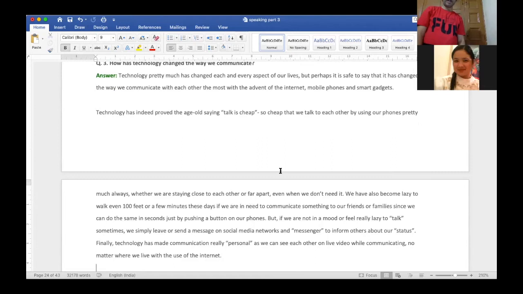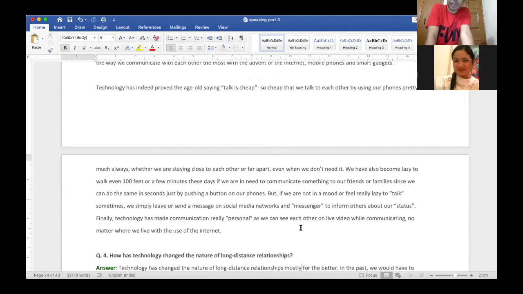We don't have the energy or don't want to walk even 100 feet these days if we need to communicate something to our friends, since we can do the same thing in seconds just by pushing a button on our phone. And if we are not in a mood to talk, we can send a message across different media networks and Messenger to inform others about our status.